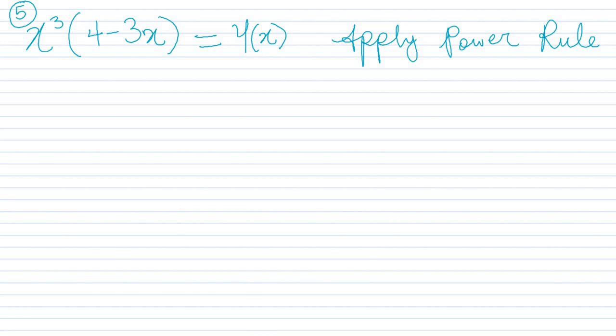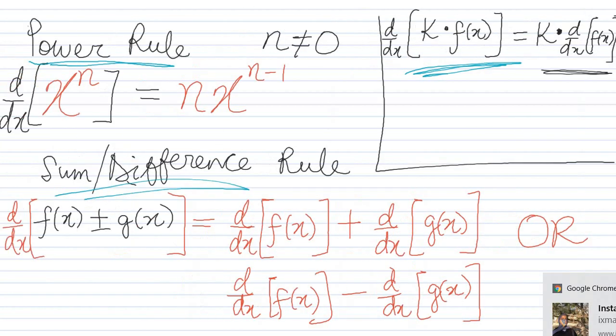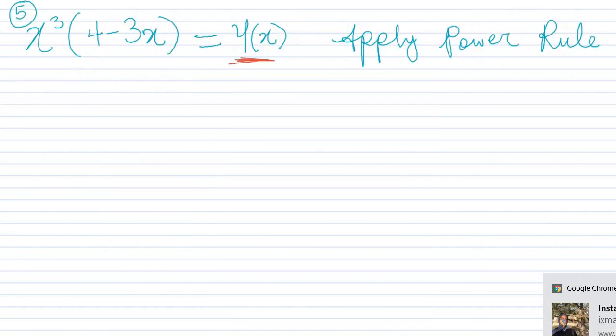Since we have to apply the power rule, we have to put the function y of x in a form that we can apply these rules to: the power rule, sum and difference, and constant multiplied by function.